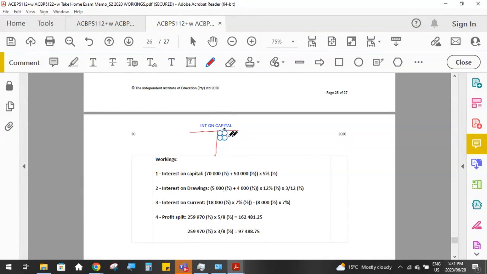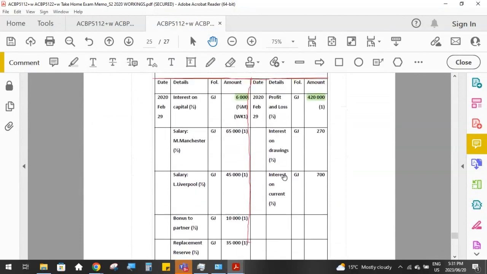I don't think you're going to read that properly, but that would be 6,000 Rand on the credit side. No, that does not look like a 6. Okay. So that's the interest on capital.